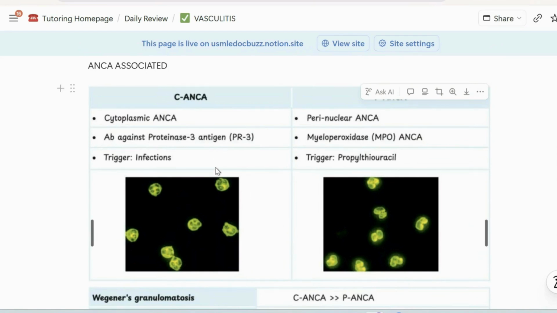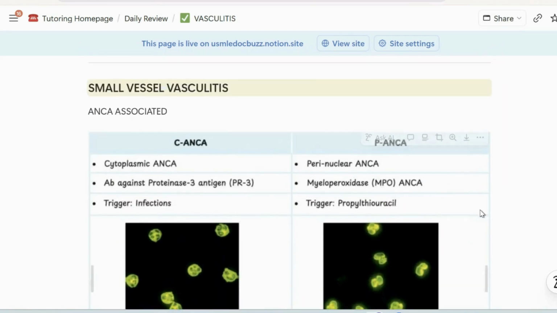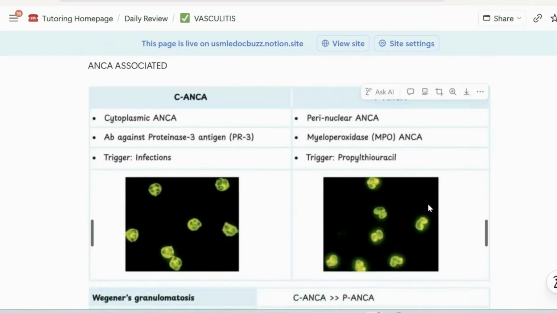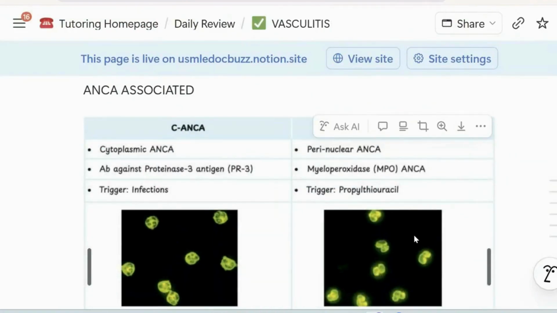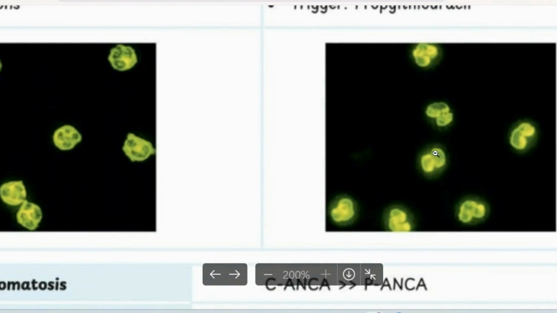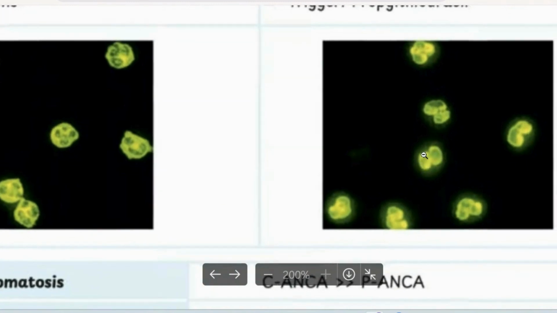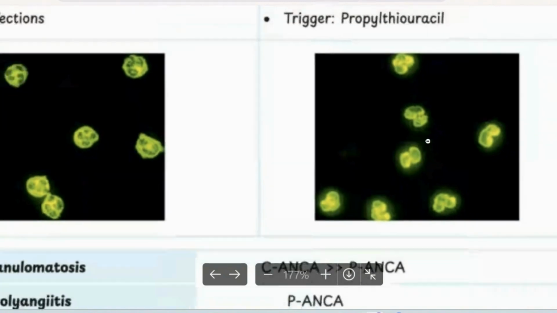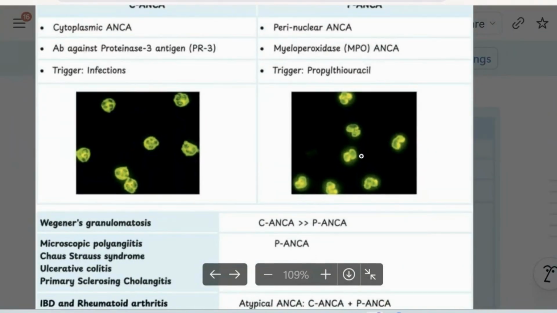I want you to take a closer look at this. When you look at P ANCA, you see perinuclear, which means the highlights, and I'm going to try to zoom in as much as I can, the highlights is around the nucleus. The halo, the green neon sign, is around the nucleus, and the nucleus itself is dark in color. Okay, so perinuclear ANCA.